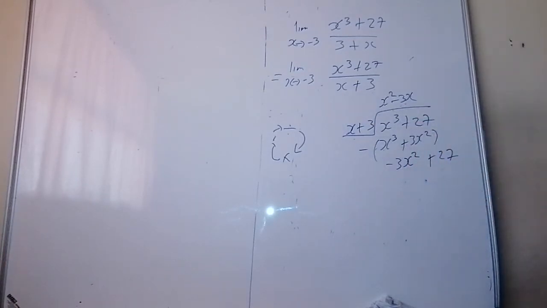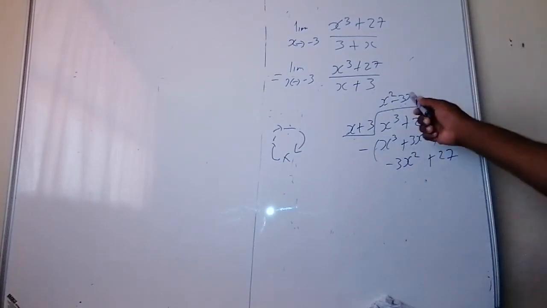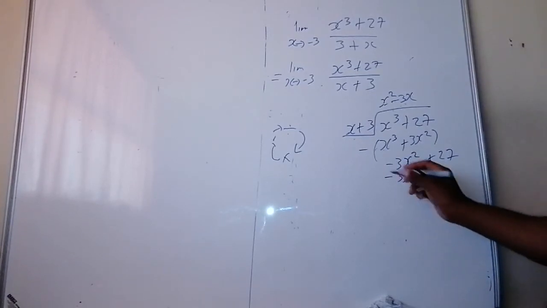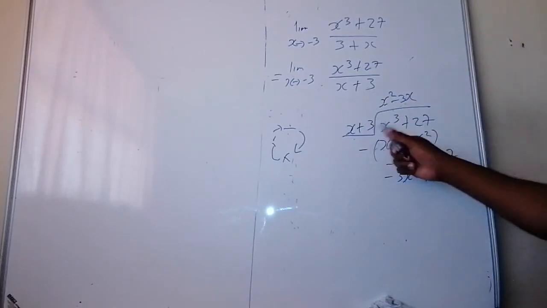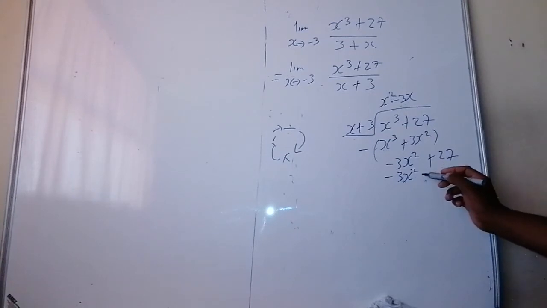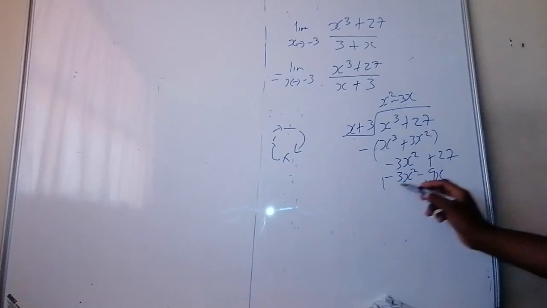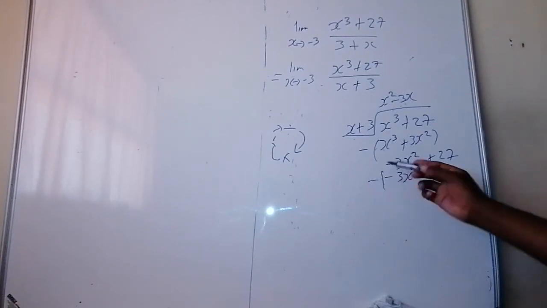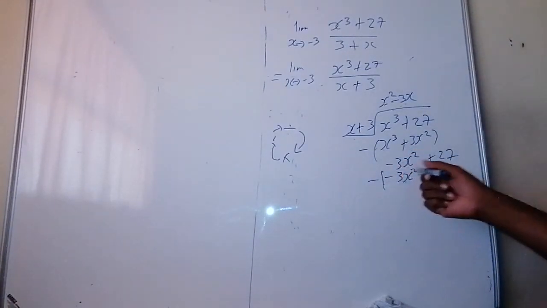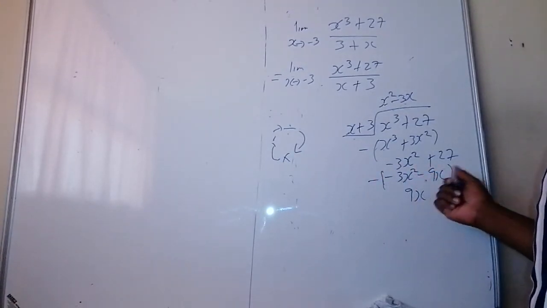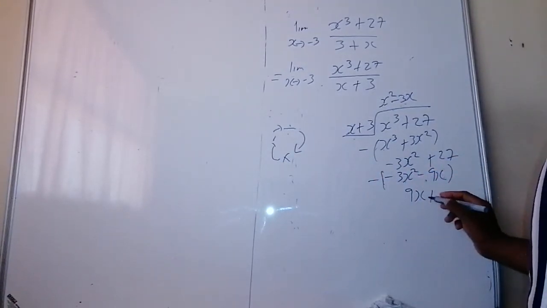After division, we multiply. Negative 3x times x is negative 3x squared. Negative 3x times 3 is negative 9x. After that, we subtract. Negative 3x squared minus negative 3x squared is 0, and negative 9x, negative times negative, is positive 9x plus 27.